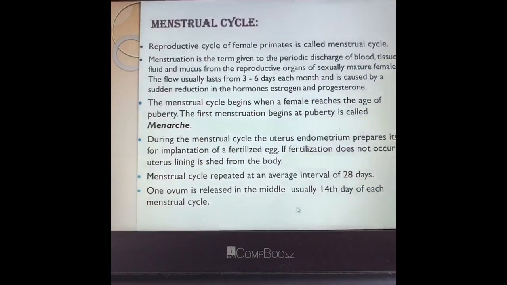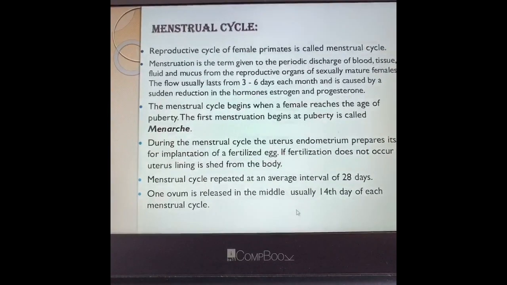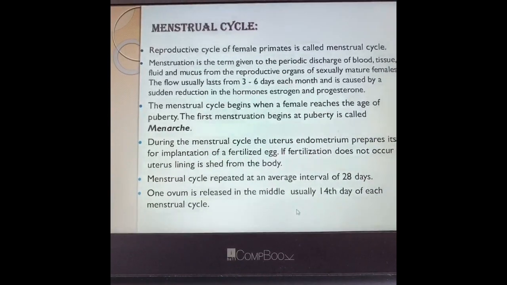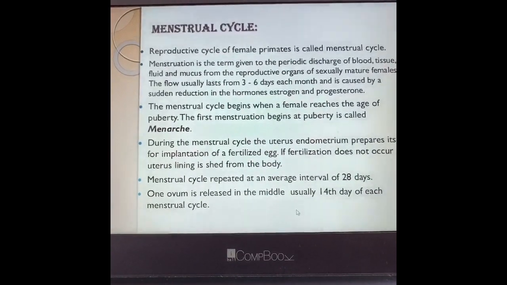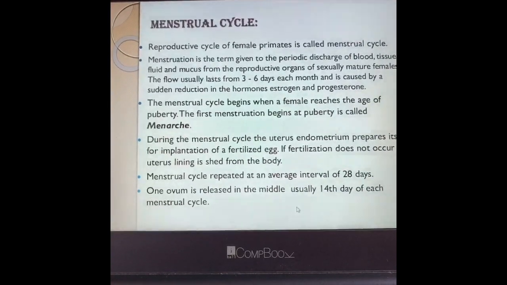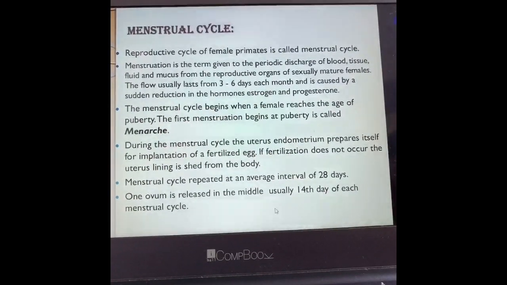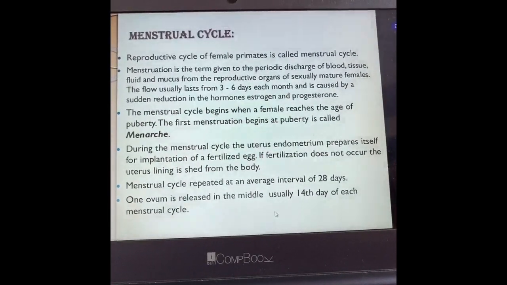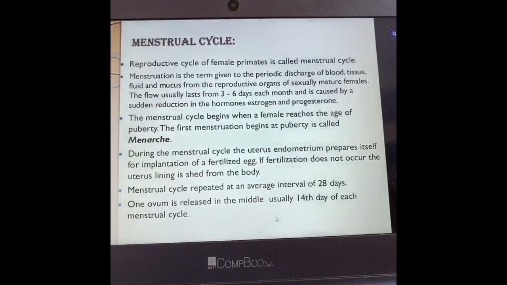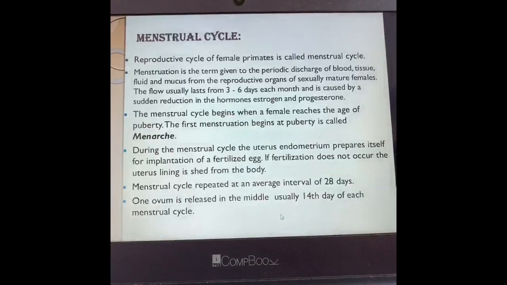The first menstruation begins at puberty and is called menarche. In humans, menstruation is repeated at an average interval of around 28 to 29 days. This menstrual cycle stops around the age of 50 in human females, and this stage is termed menopause.